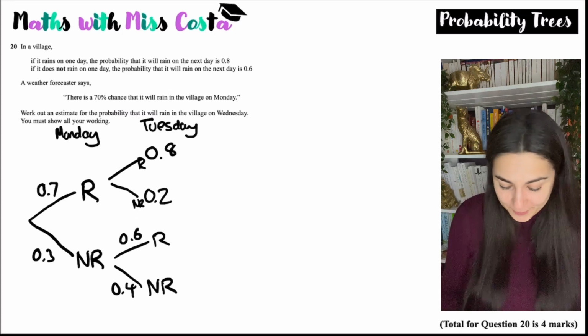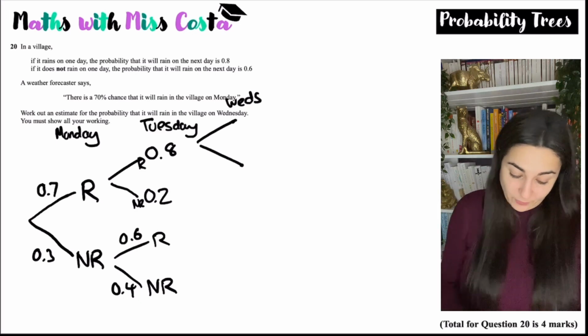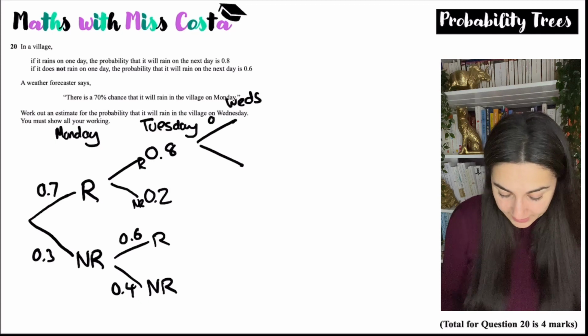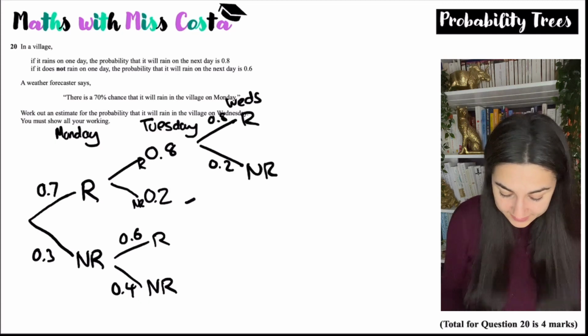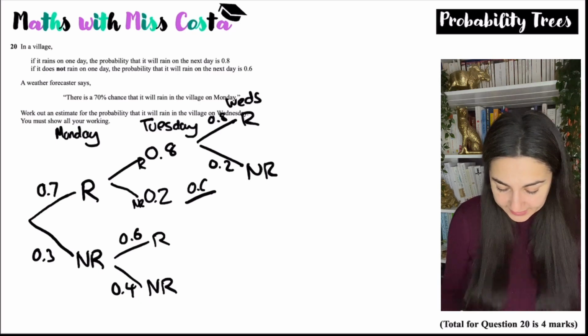Then on the Wednesday, I have 2 options again. If it's rained on the Tuesday, the probability that it will rain the next day would be 0.8. So rain, not rain, that would be 0.2. If it didn't rain on the Tuesday, the probability that it will rain the next day is 0.6.